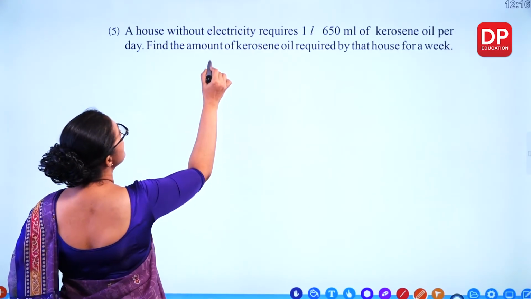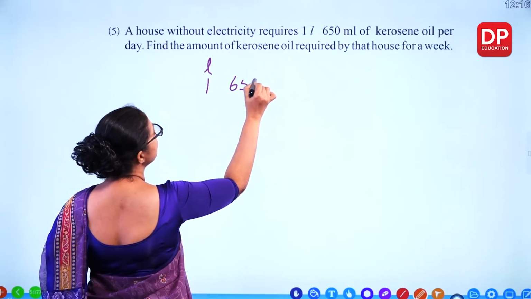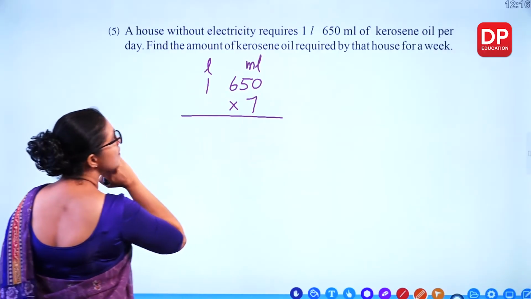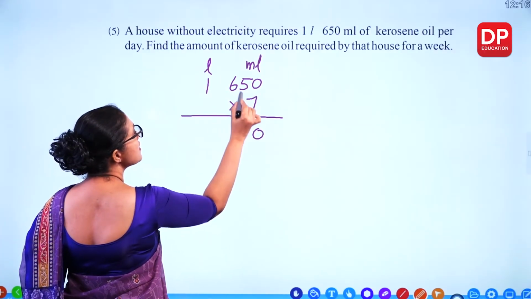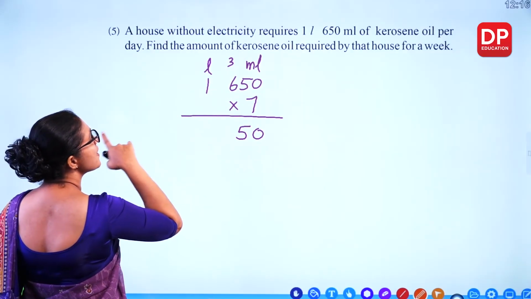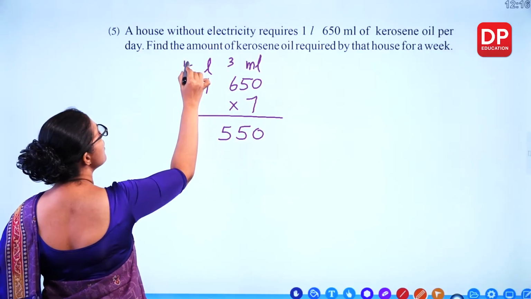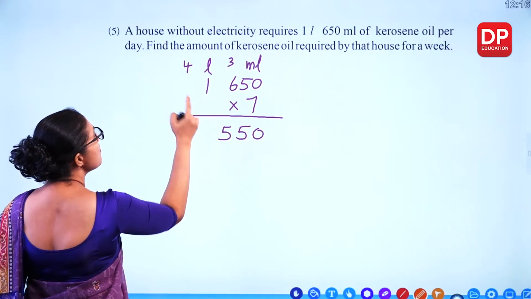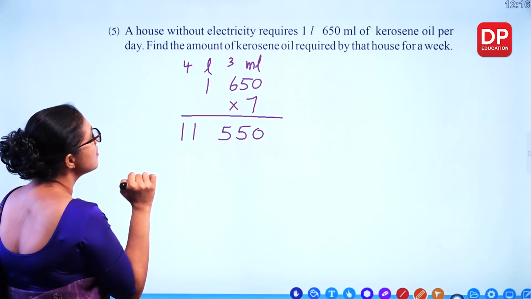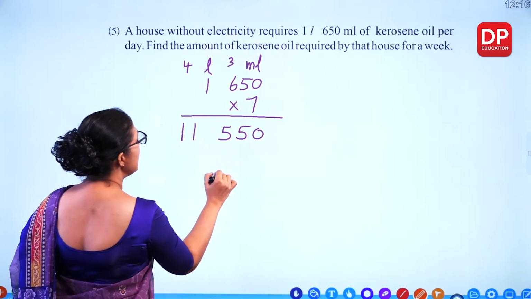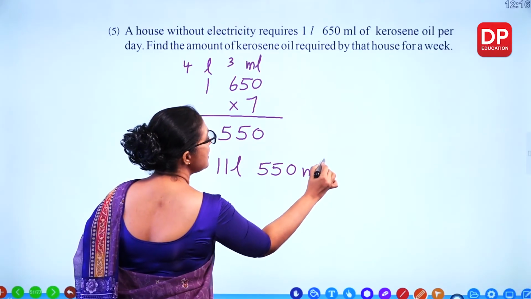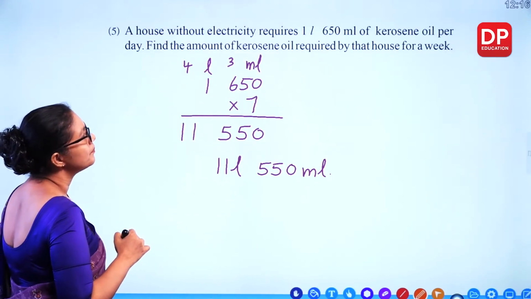So we need to multiply this by 7. 7 times 0, 0. 7 times 5, 35. 3 remaining. 7 times 6, 42 plus 3, 45. 4 remaining. 7 times 1, 7 plus 4, 11. So what's the amount required for a week? 11 liters and 550 milliliters of kerosene oil.